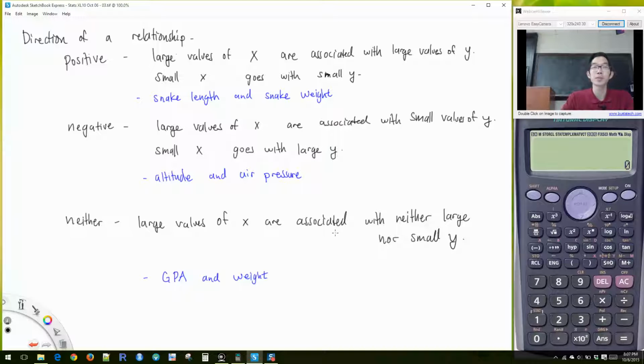Yes? Does it have to do with slope? Well, okay, so if we were to make a scatter plot, maybe this is a good thing to include. If I were to make a scatter plot for each of these, for positive, we would tend to see something like this. Negative, we would tend to see something like that.